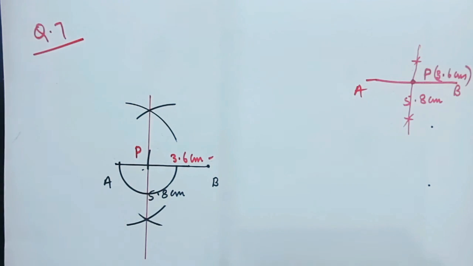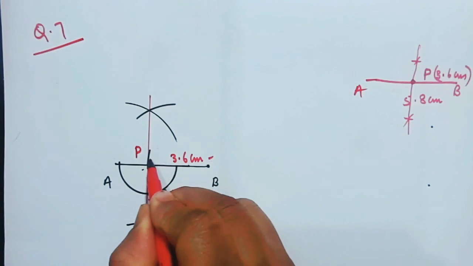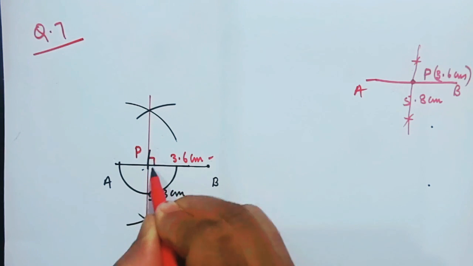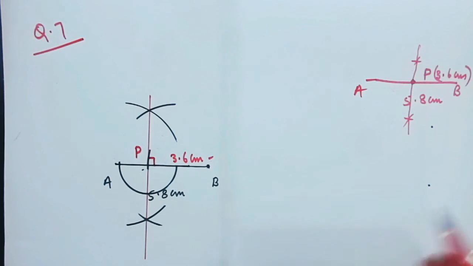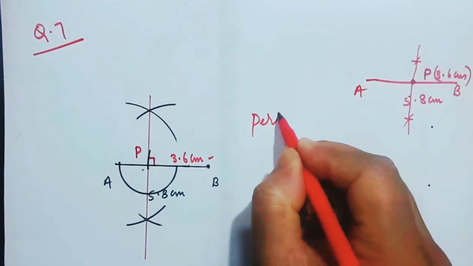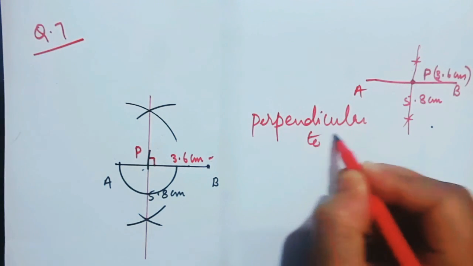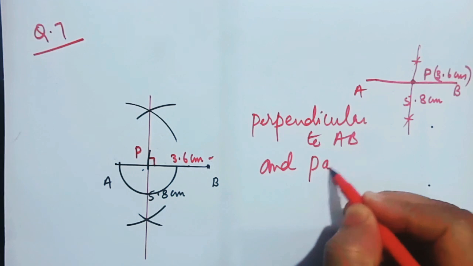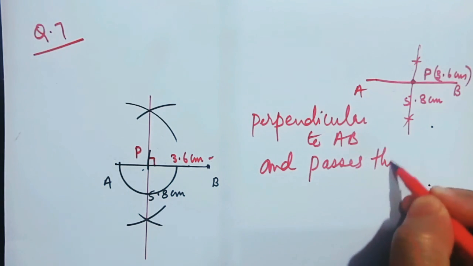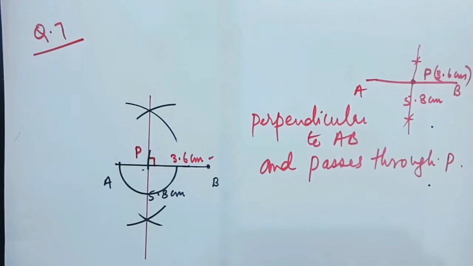So you can see that I have drawn a line which is not only perpendicular to AB but also passes through P. Perpendicular to AB and passes through P. Clear?